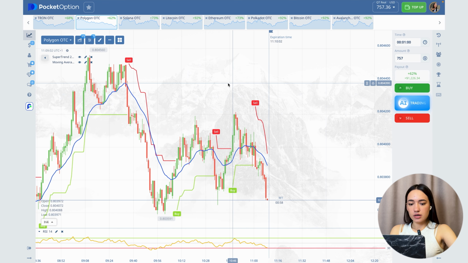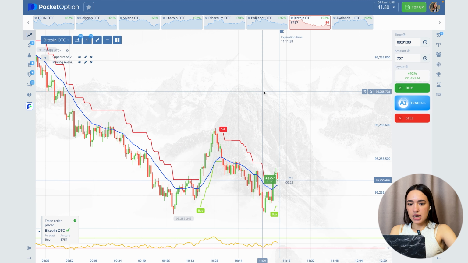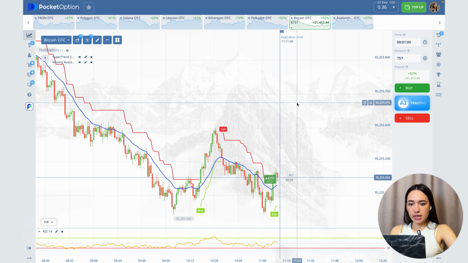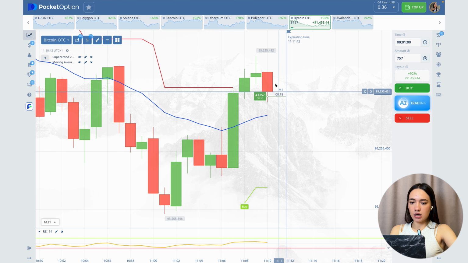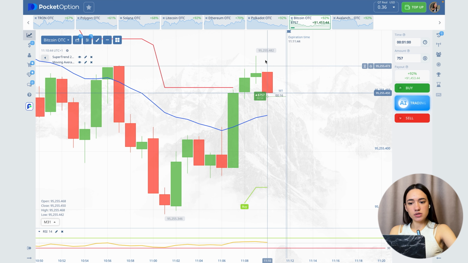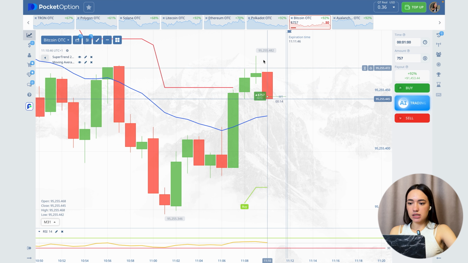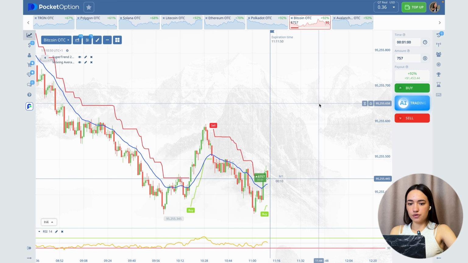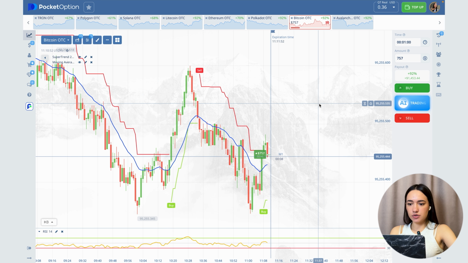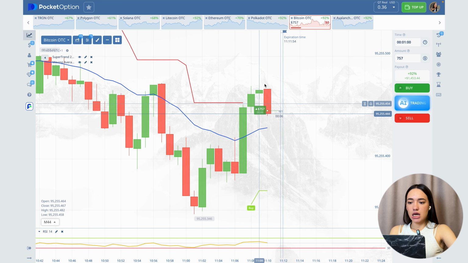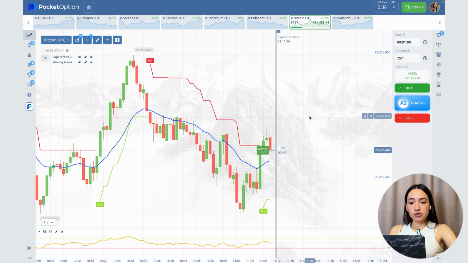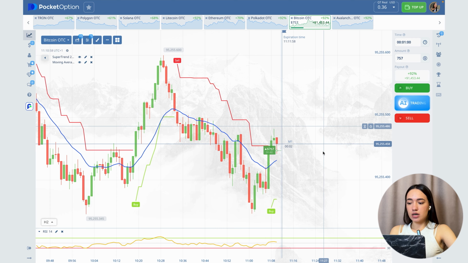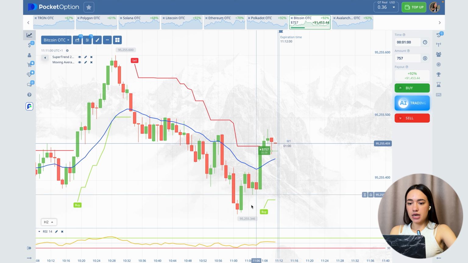Okay, so let's move on to the next trade, guys, and let's do that right here. I'm opening a buy position on a bounce from the current candle, so I see potential for further upward movement after such a rebound. The SuperTrend has shown a buy signal right now.